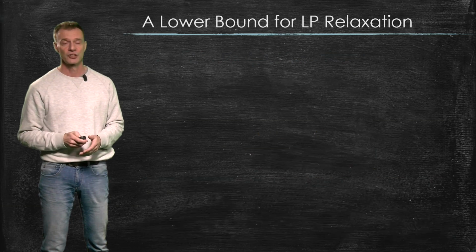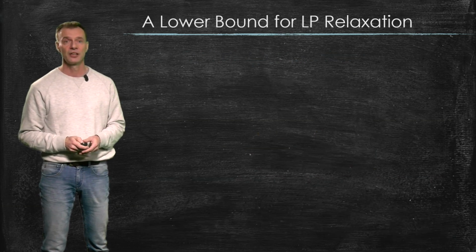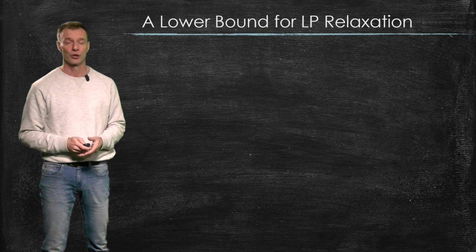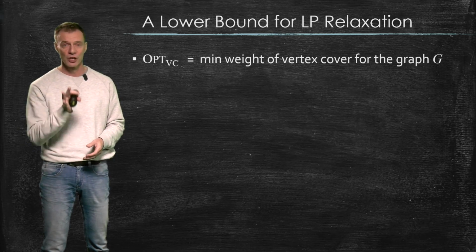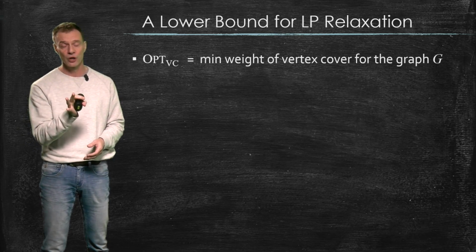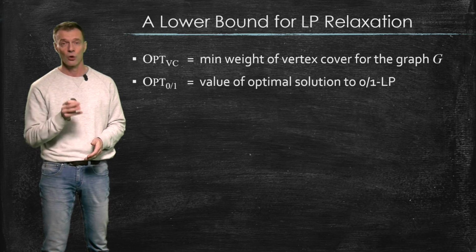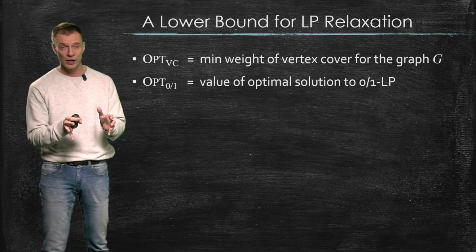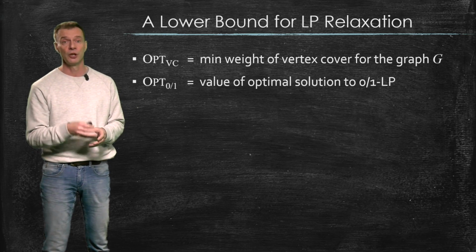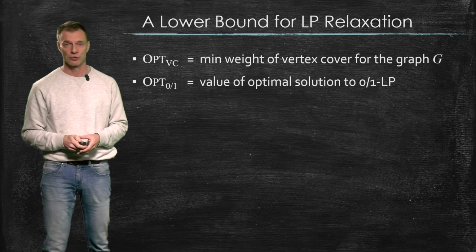Let's try to write this again, but now for the complete problem. We start with the optimal value for the weighted vertex cover problem, which I denote by opt VC. I also have the optimal value of the 0,1 LP, which is modeling this weighted vertex cover problem.